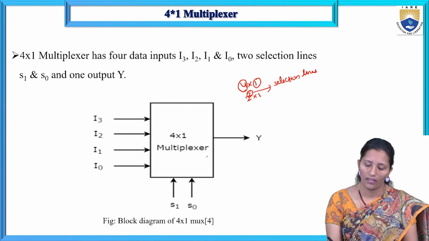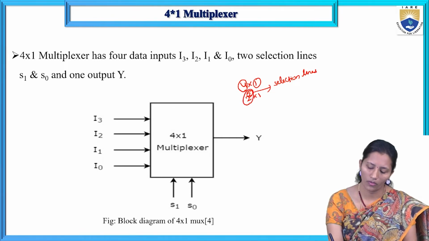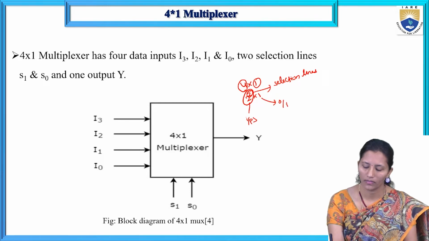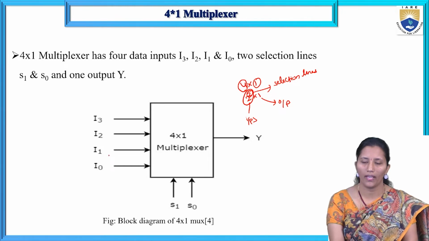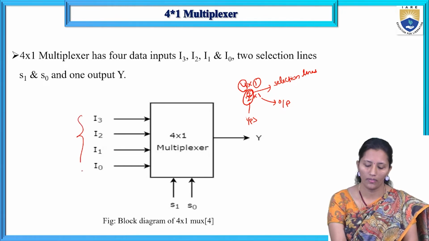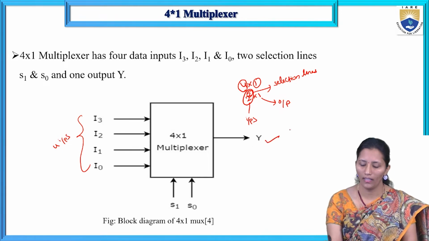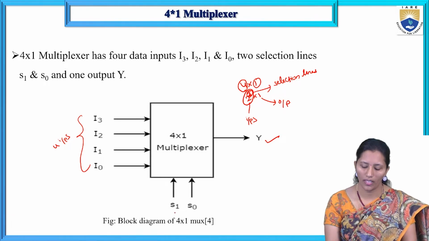So 2 power 2 is 4 inputs and 1 output, and the 2 in the power is the number of selection lines. So we have 2 selection lines here, S0 and S1.